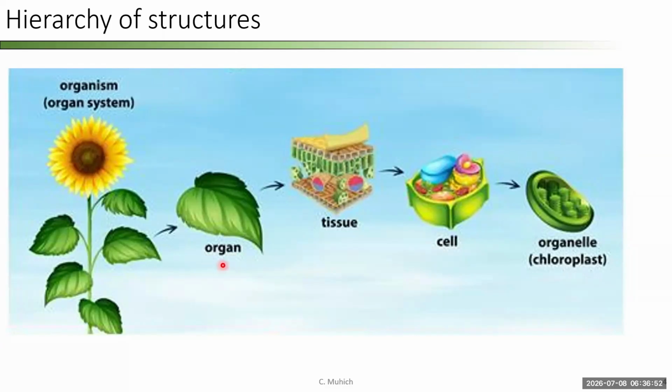Like a leaf would be a plant organ. That organ is made up of different tissues. So these are like type cells that are organized in a fashion for a specific purpose. Those tissues are composed of individual cells, and those cells have different organelles in them that do specific tasks.